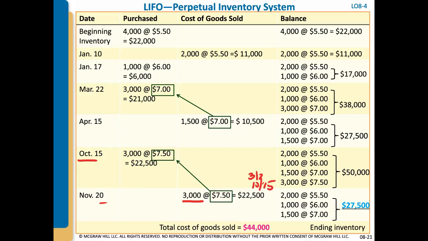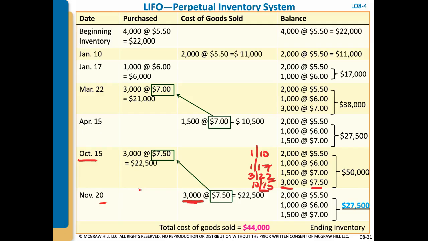My most recent layer was from my October 15th purchase of 3,000 units. I happen to sell 3,000 units, so I'm going to use that entire layer, at 7.50, as the cost of goods sold on November 20th.